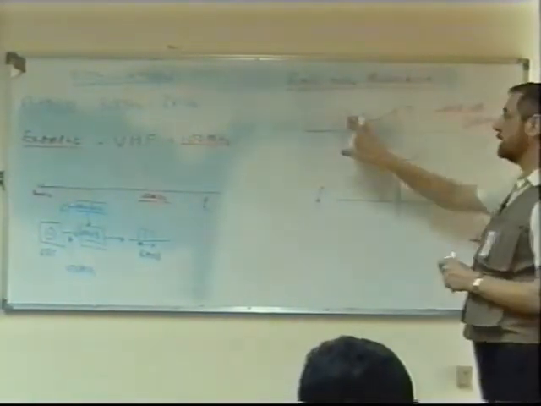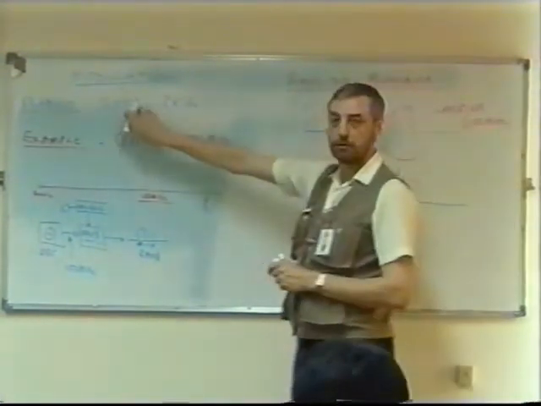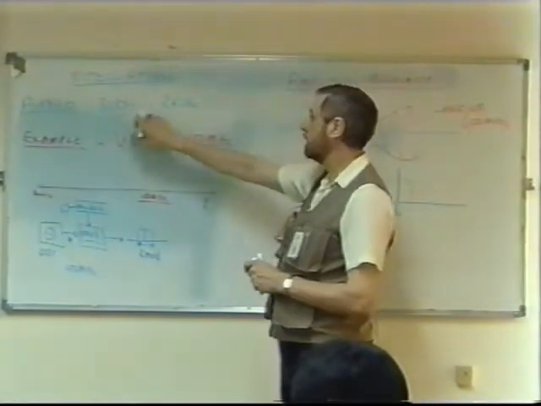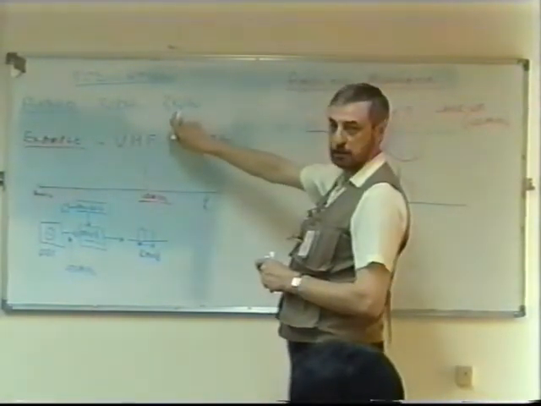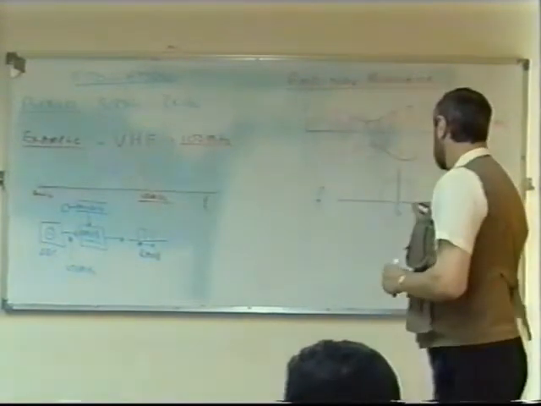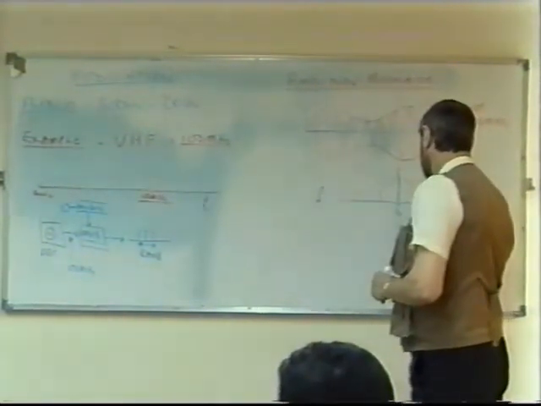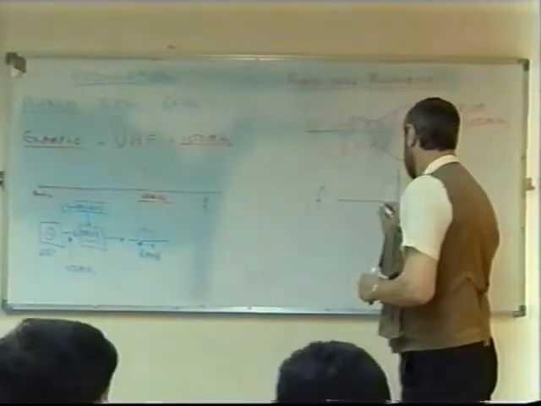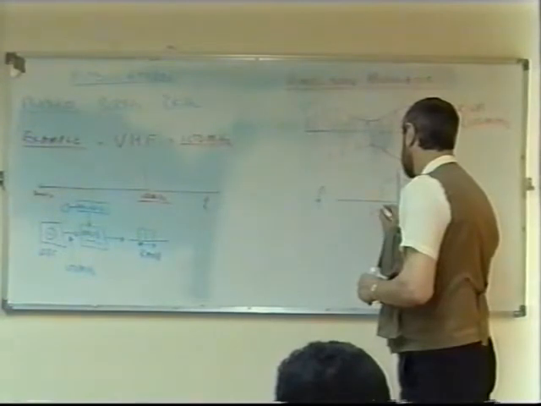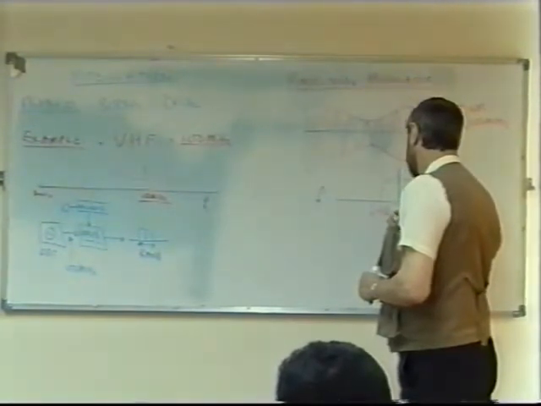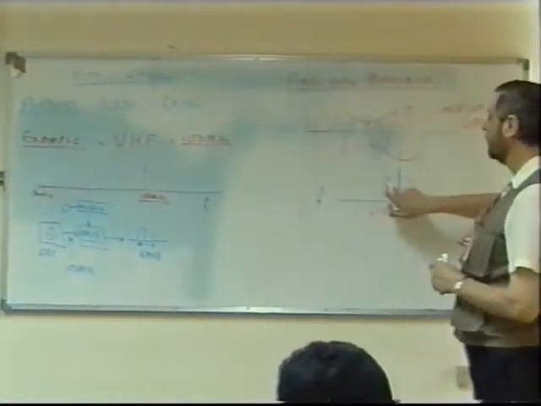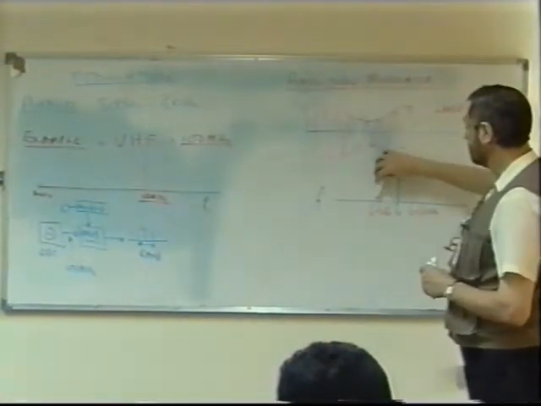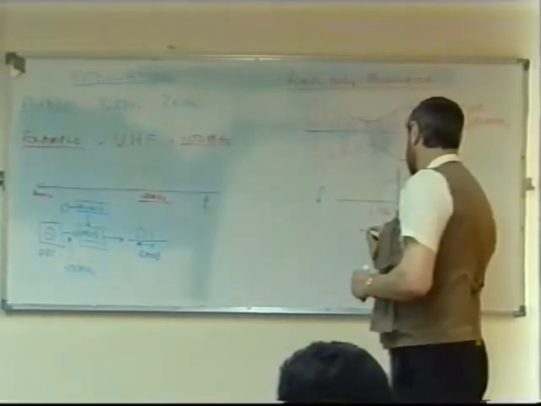Well, that depends on the highest frequency of your transmitted signal. So let's say the highest frequency is 3 kilohertz. Then the highest frequency transmitted will be FC plus 3 kilohertz, and the lowest frequency would be FC minus 3 kilohertz. Now, I'm not going to go through the mathematics of why this is the case, but it is in fact the case. This is the bandwidth of our signal.